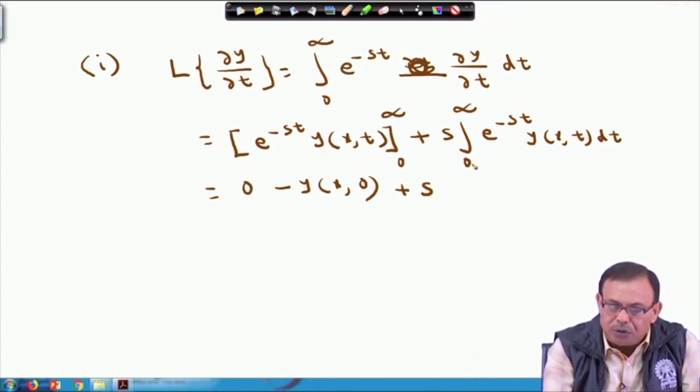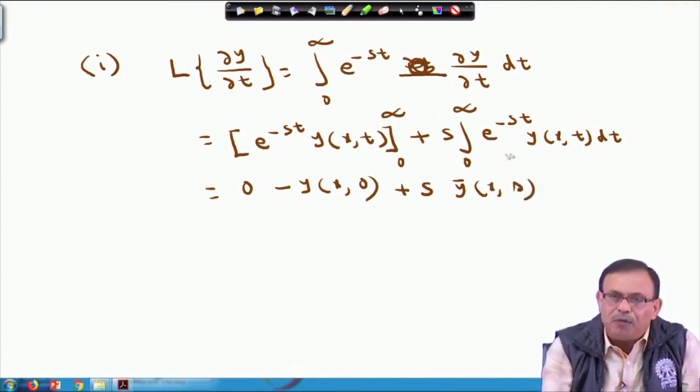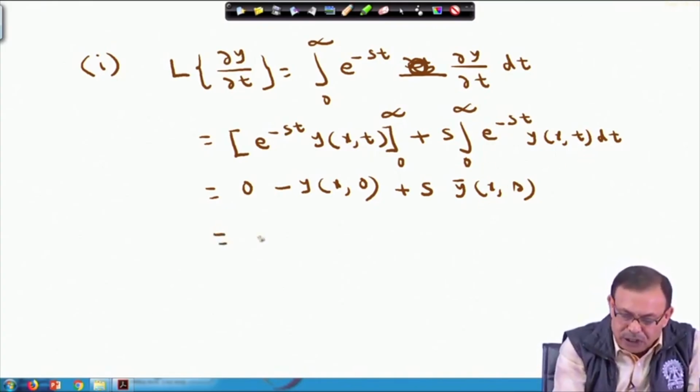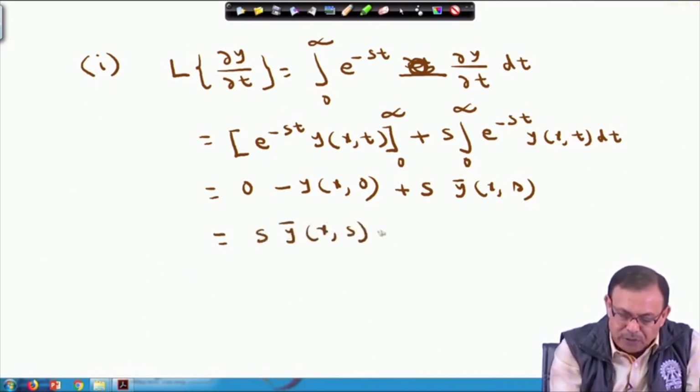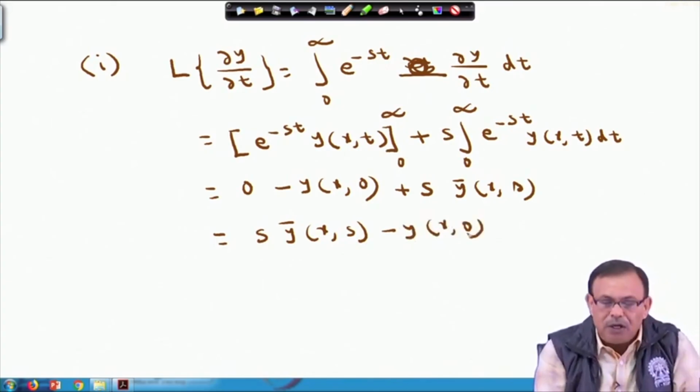This is the integral from 0 to infinity of e^(-st) into y(x, t) dt, and from the definition this is nothing but y bar(x, s), the Laplace transform of y(x, t). Therefore you can write s y bar(x, s) minus y(x, 0), which completes the proof of the first part.